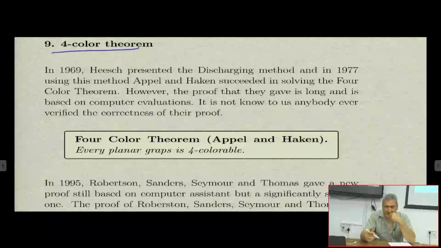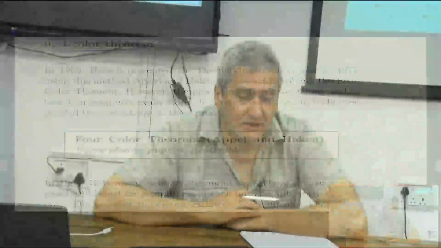And then Appel and Haken, they were at the University of Illinois. At that time, supercomputers were appearing. Yes, those supercomputers are weaker than this one, but for that time it was advanced, and with the use of the computer, they managed to prove the four-color theorem.